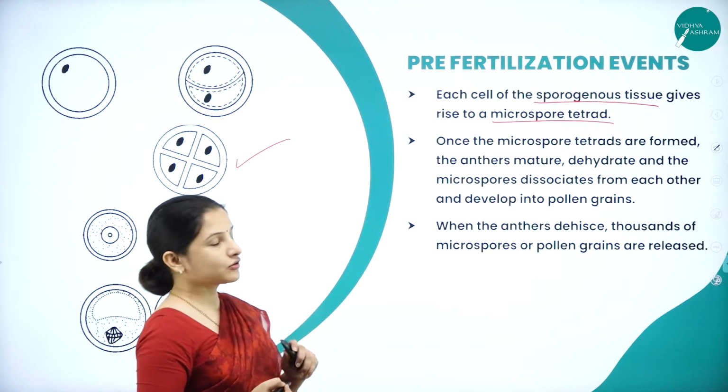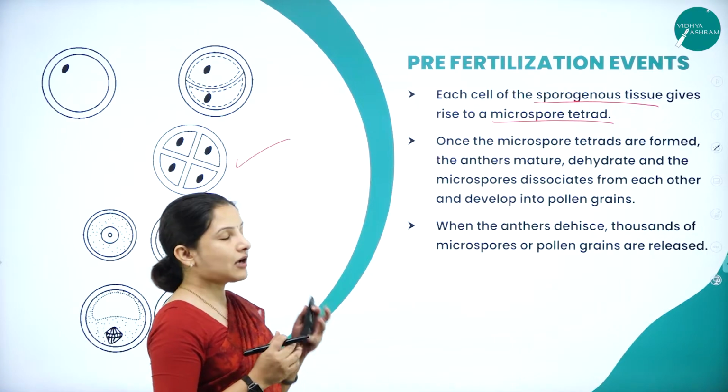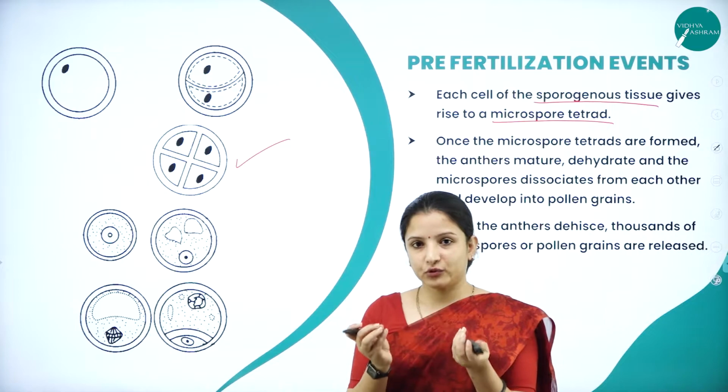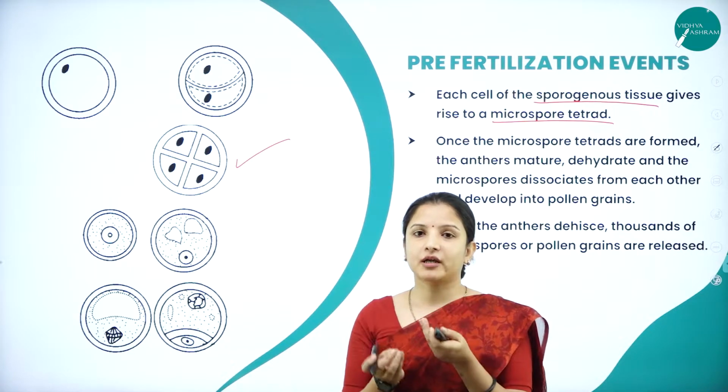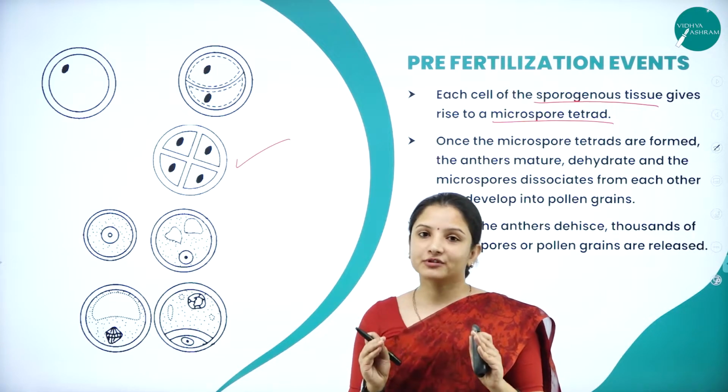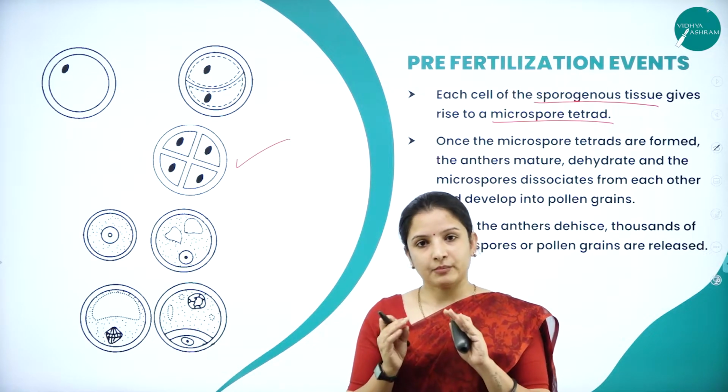Once the microspore tetrads are formed, the anthers will mature. The size of the pollen grain inside will increase. Whatever vegetative cell or generative cell has to be formed, every process will take place inside the microsporangium.